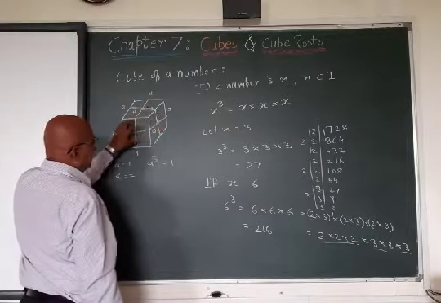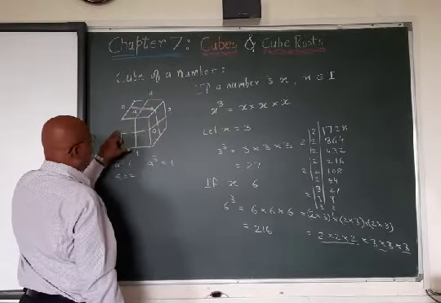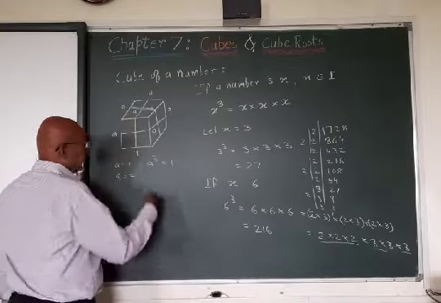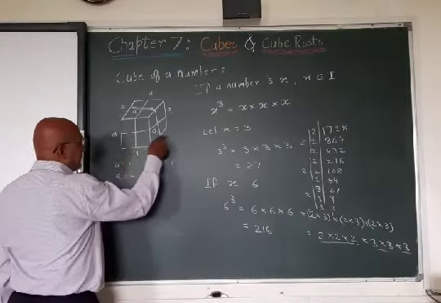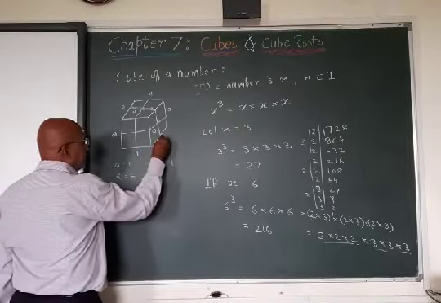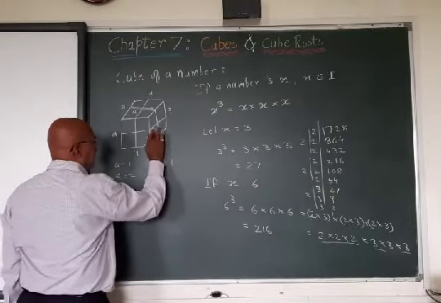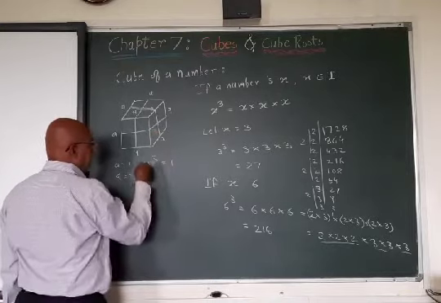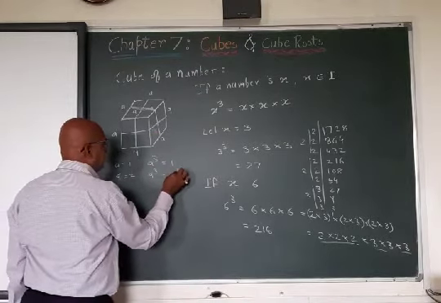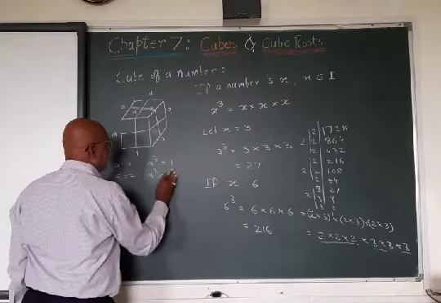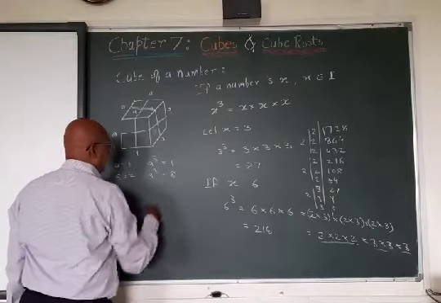The area of each face will be 2 into 2, 4. Obviously. So how do we take the volume? A into A into A. Got it? So A cube equals 2 cube, that is 8.